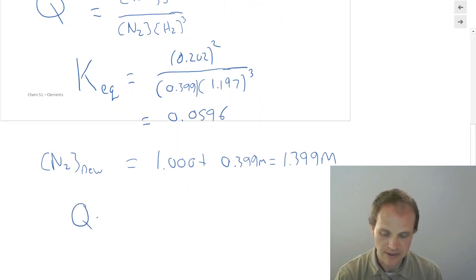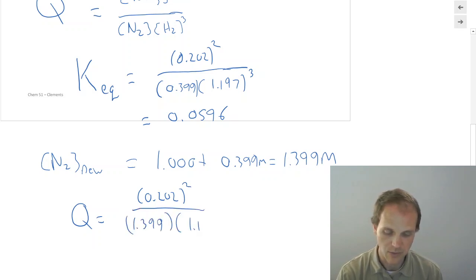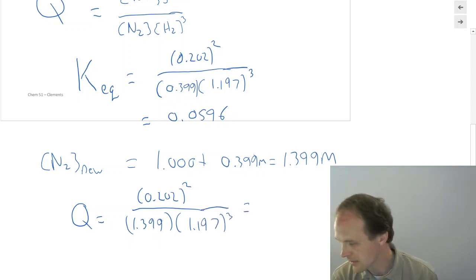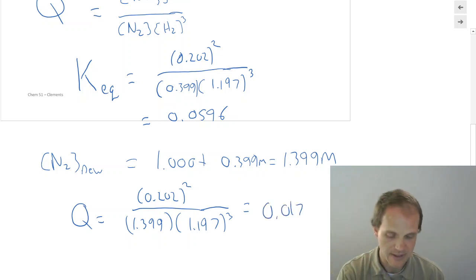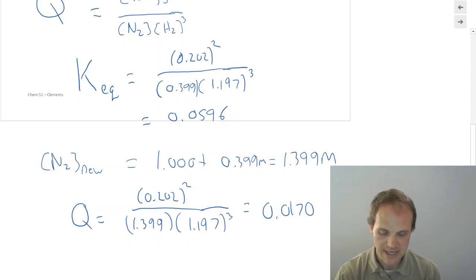So Q is now 0.202 squared, nothing happened there, times 1.399, times 1.197 cubed. If you plug all that into a calculator, you get that Q is equal to 0.0170.